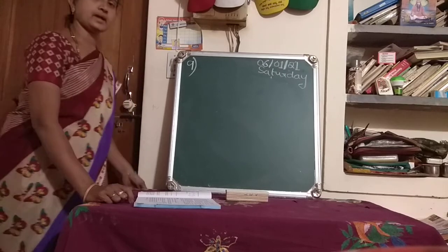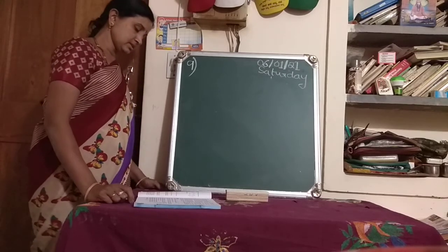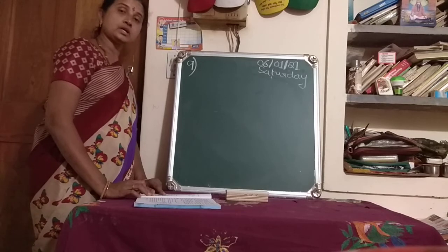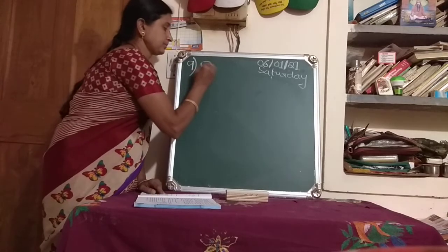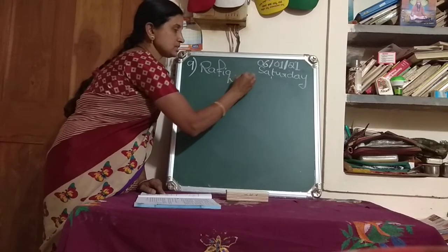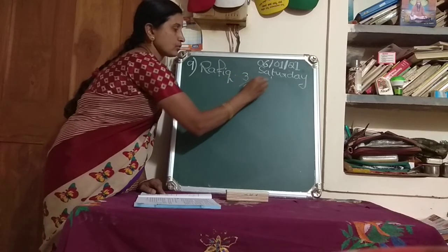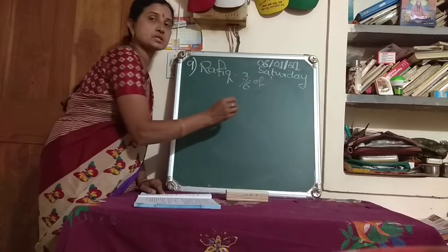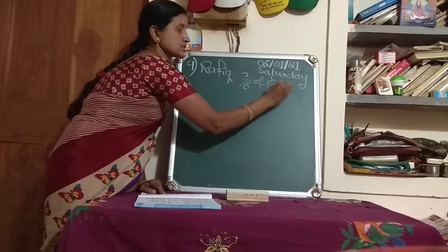Problem sum number 9. Rafiq exercised for 3/6 of an hour. How much does he exercise? 3/6 of an hour means how many minutes? 60 minutes.